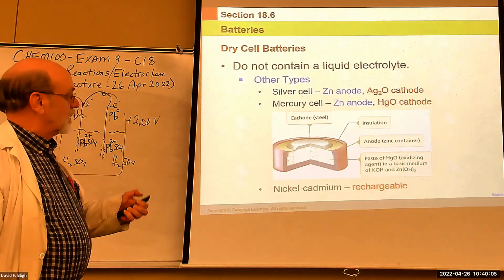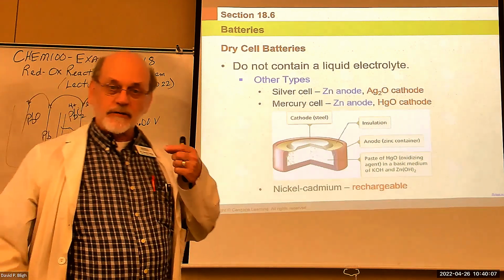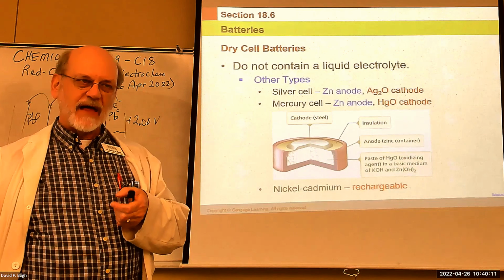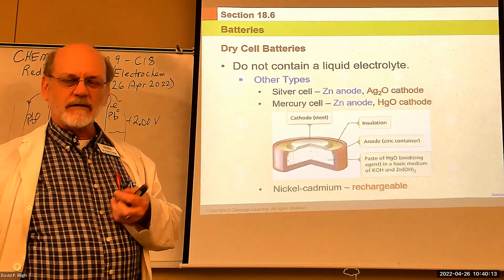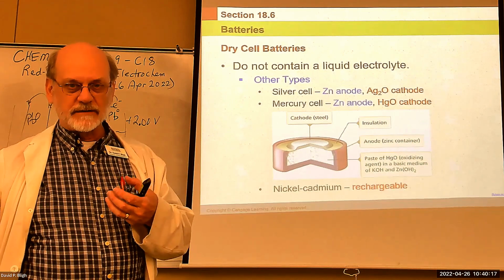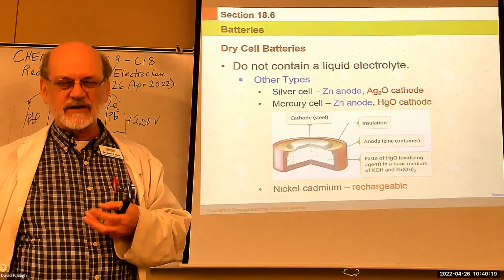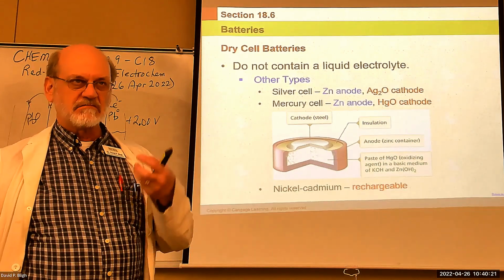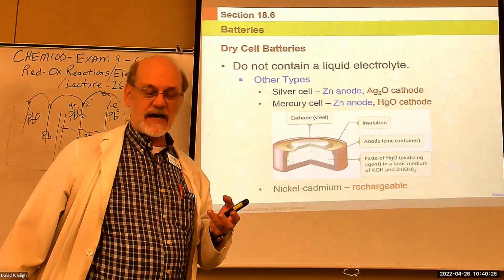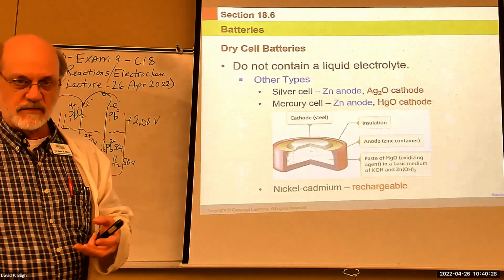Nickel cadmium. Up to this point, we've talked about non-rechargeable batteries. For a while, they were marketing a device that would recharge your dry cell batteries, but they were not very efficient, and you might get 20 or 30 recharge cycles out of your battery before it was useless.